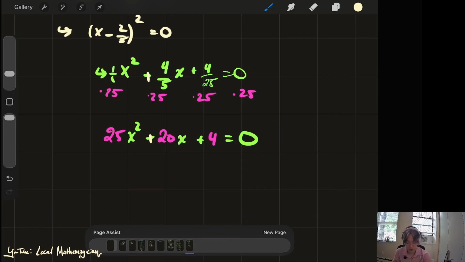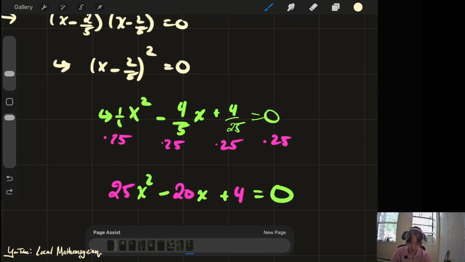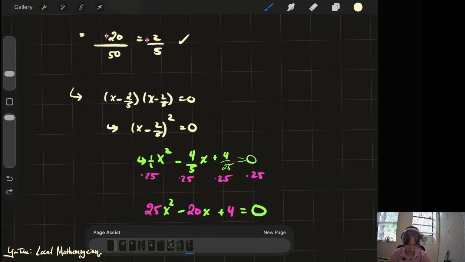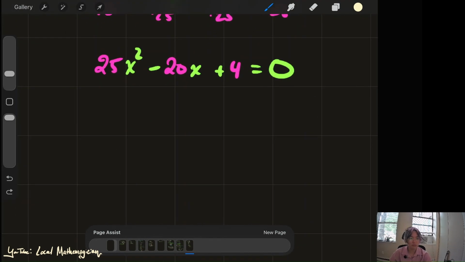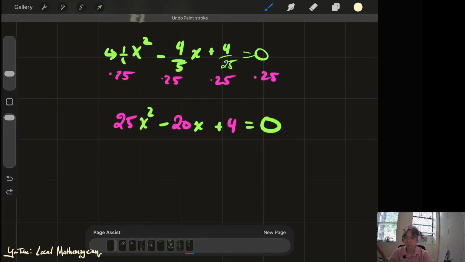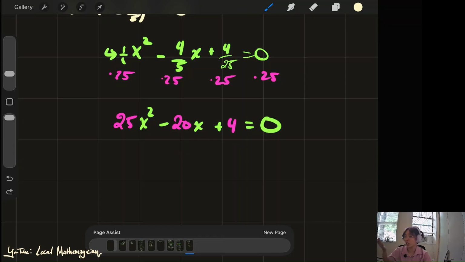I was right the first time. There we go. Then you multiply everything by 25, back to the original equation. Ain't that magical? And that's pretty much it.